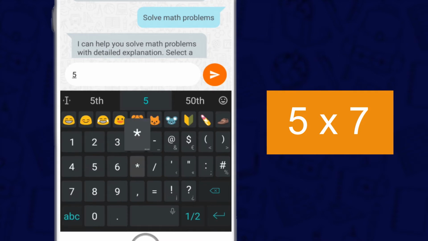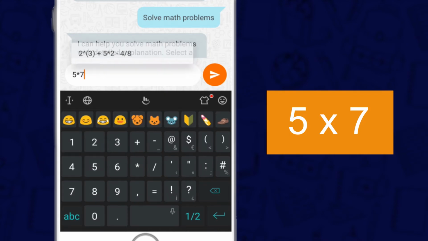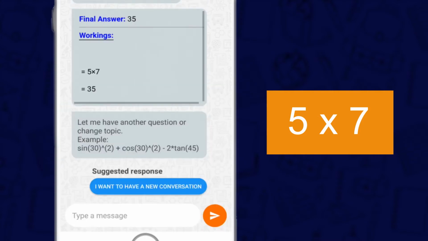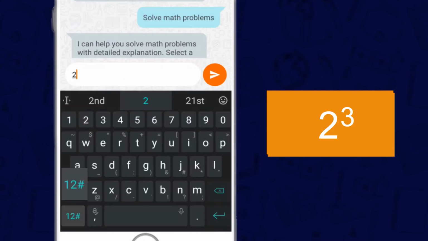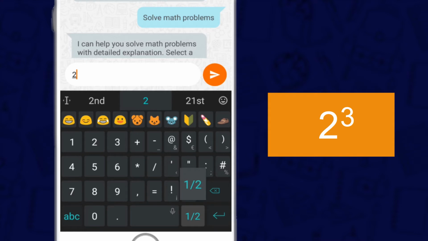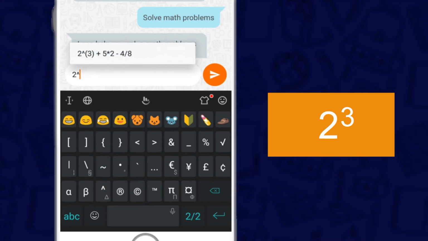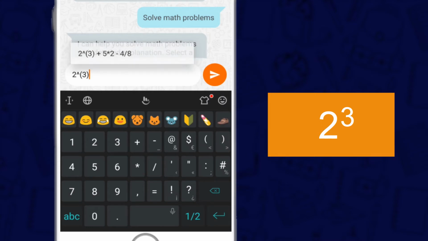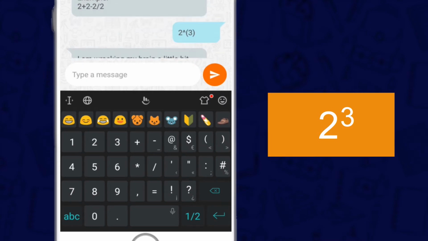Multiplication question. Exponential. Clara should count before the 3 in the brackets to make the 3 a superscript.